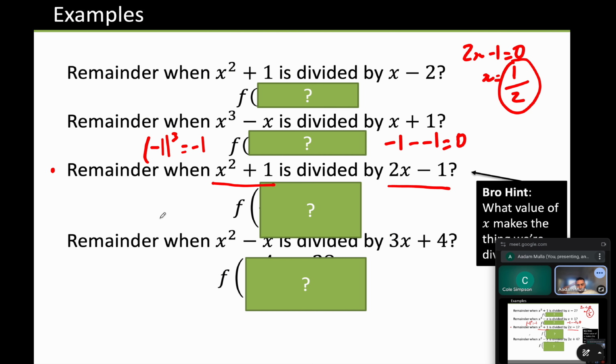So have a go at that one. You got an answer?